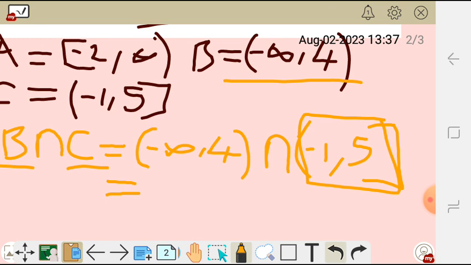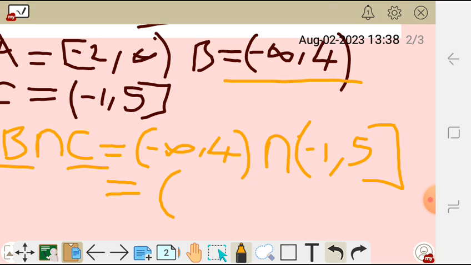So when you look at these numbers, -infinity and -1, okay, so -1 is also in this set here. So intersection means the elements which are found in B and in C. Okay, so we are going to include -1. Why? Because it's also found in set B. So we're going to start from -1.